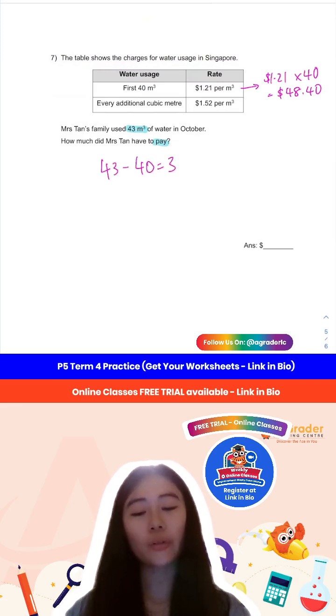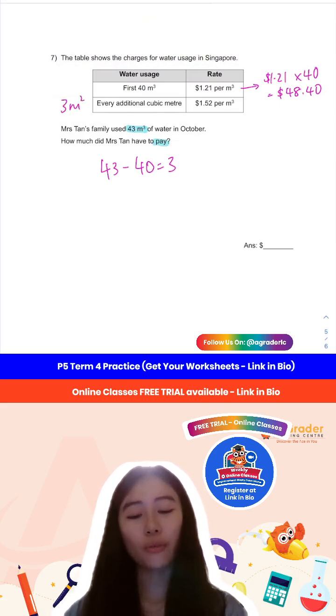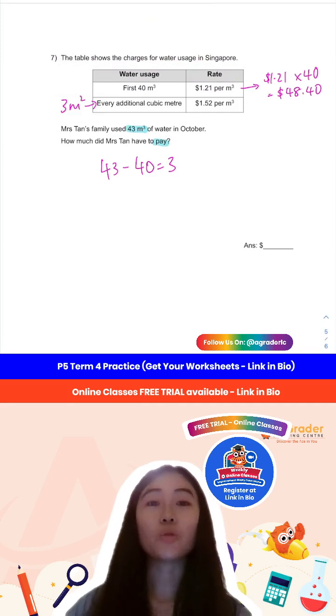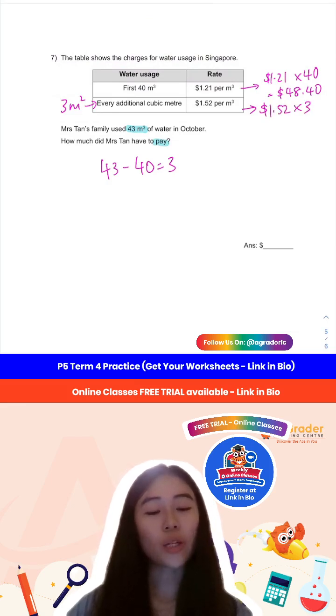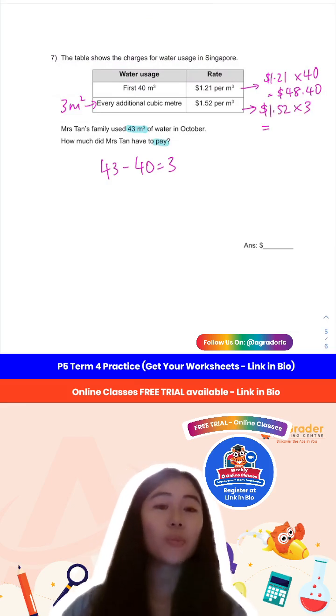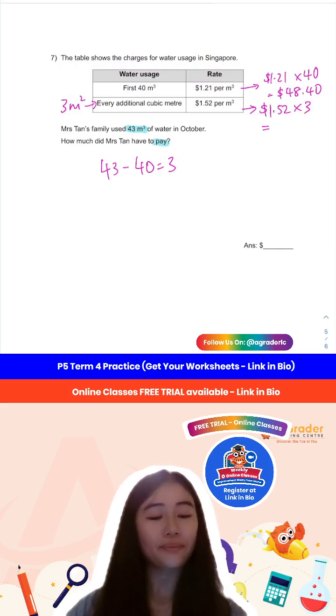That means that there is still another 3 meter cubes that she needs to pay for using a different rate. Yes, IDK, that's correct. You're going to use $1.52 and then you times 3, for the remaining 3 meter cube of water. So you will get $4.56 for that.